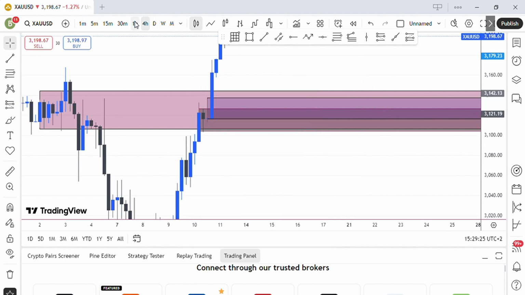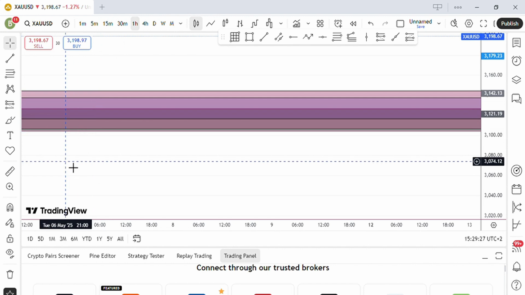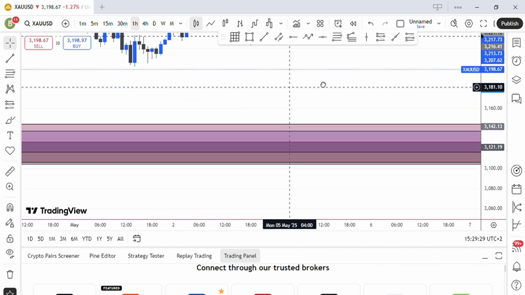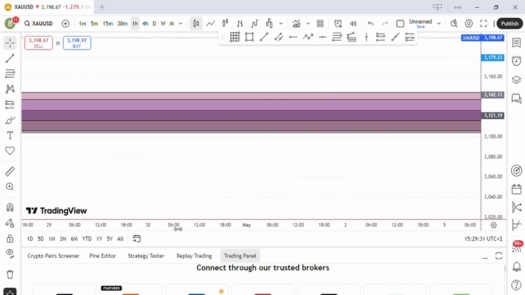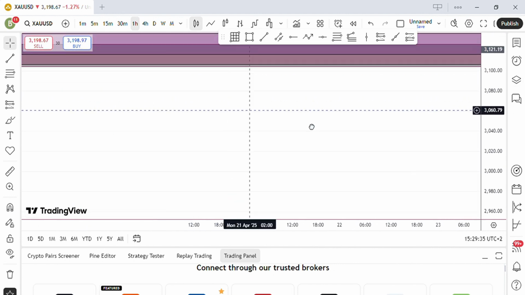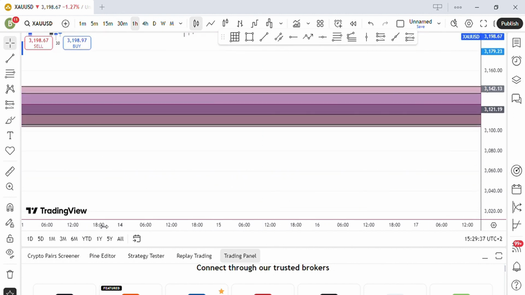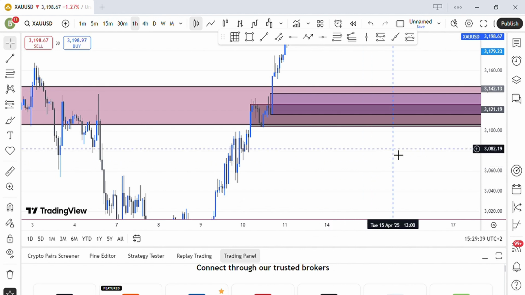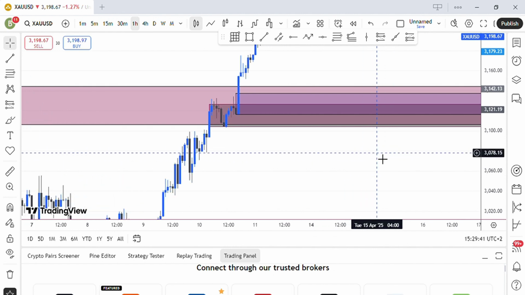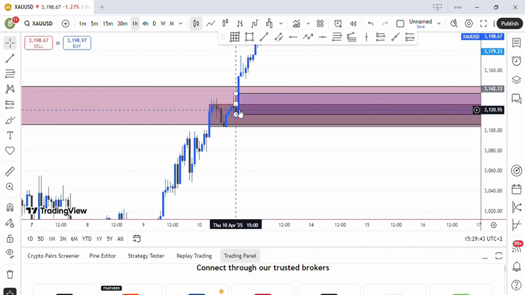And then I went to the 1 hour. On the 1 hour, price is very far. Okay, yeah. So on the 1 hour, I had this other engulfing, as you can see here.